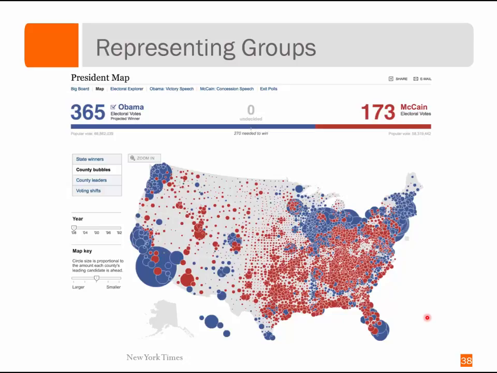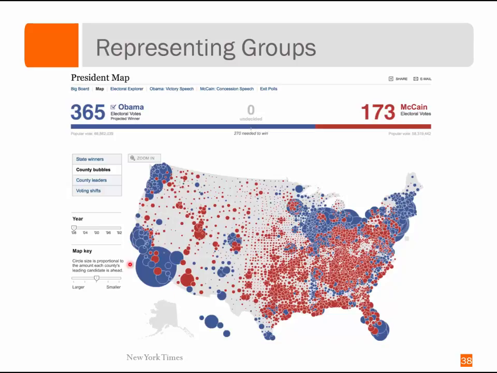What we can see here is we have different size bubbles based on the number of people that voted for a particular candidate. Yes, it's true if we look throughout the Midwest and the South, as well as a great deal of the West, those are all encoded in red, but they don't have these colossus cities.